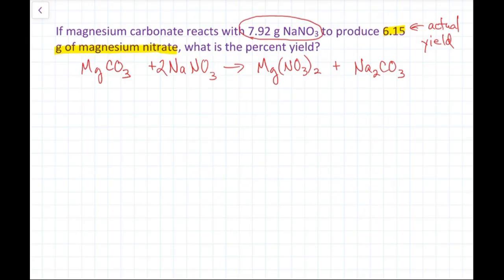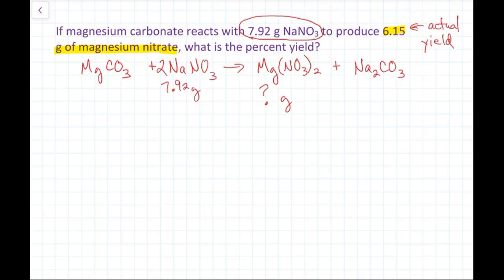So in other words, we need to know how much magnesium nitrate, I'll say question mark grams, under magnesium nitrate. We need to know how many grams of that we should have made so that we can compare it to the 6.15 grams that we did make. And the number that we're going to use to get there is the 7.92 grams of the sodium nitrate.